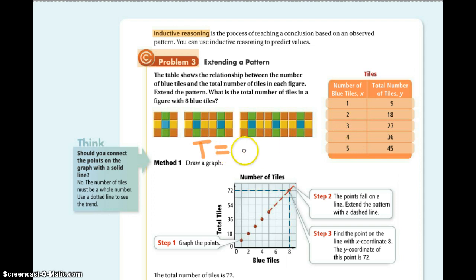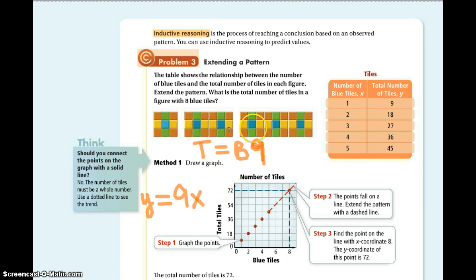So the number of blue tiles, we'll call that B, times 9. And we've just developed our equation. And they normally don't want us to do it in terms of t and b, so let's change those to x's and y's. So if I changed it to x's and y's, I would have y equal to 9 times x.